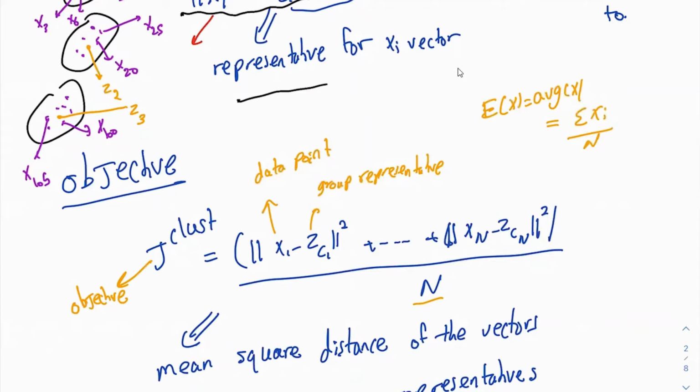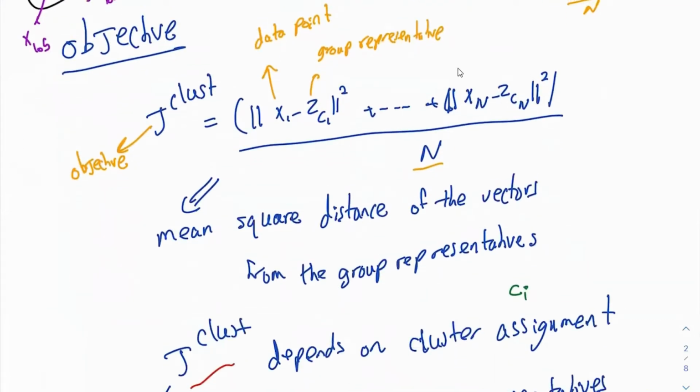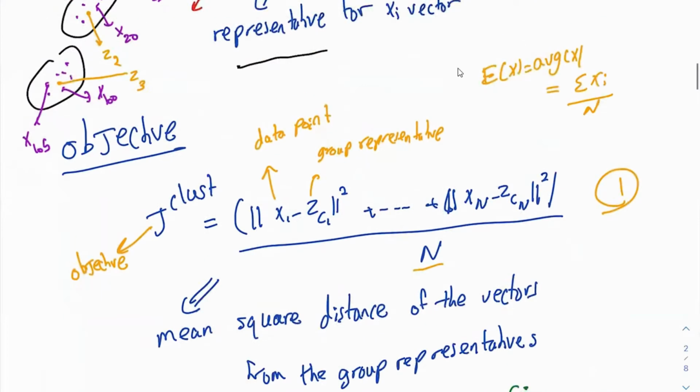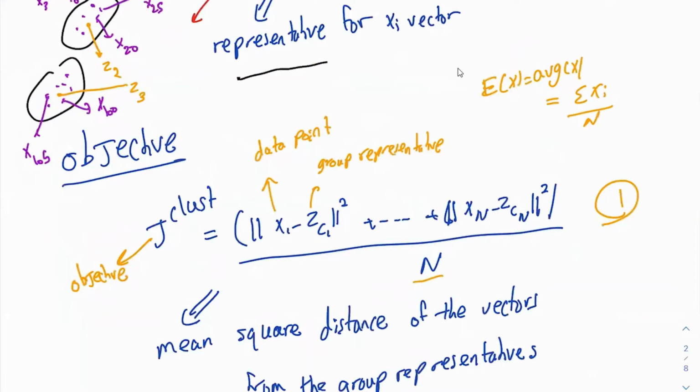Each xi is a data point, right? zci is a group representative. And what is this objective? It's defined as a mean square distance of the data points from the group representative, right? Let's call this one equation 1. So equation 1 is a mean distance of each data point x1, x2, xn from the group representative. Why do I say mean? Remember, in the previous videos, we talked about the average in the context of a vector.